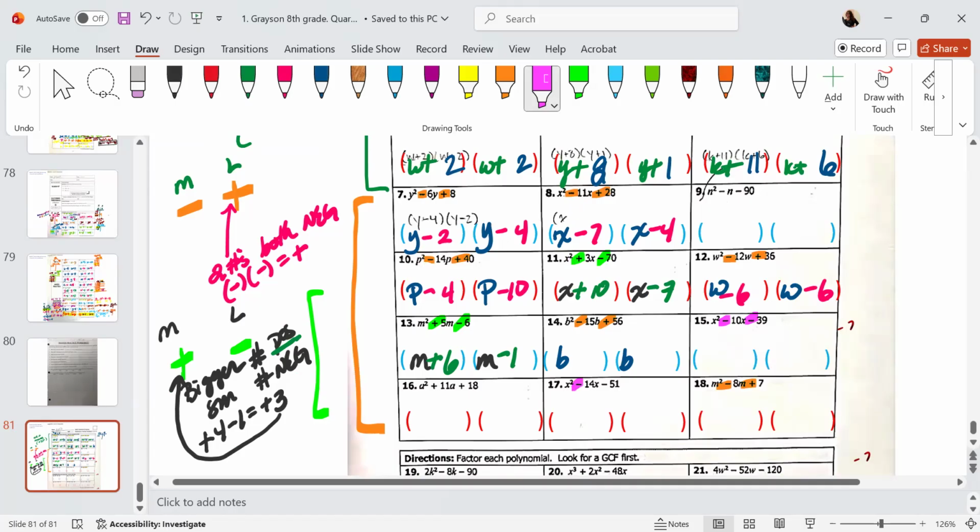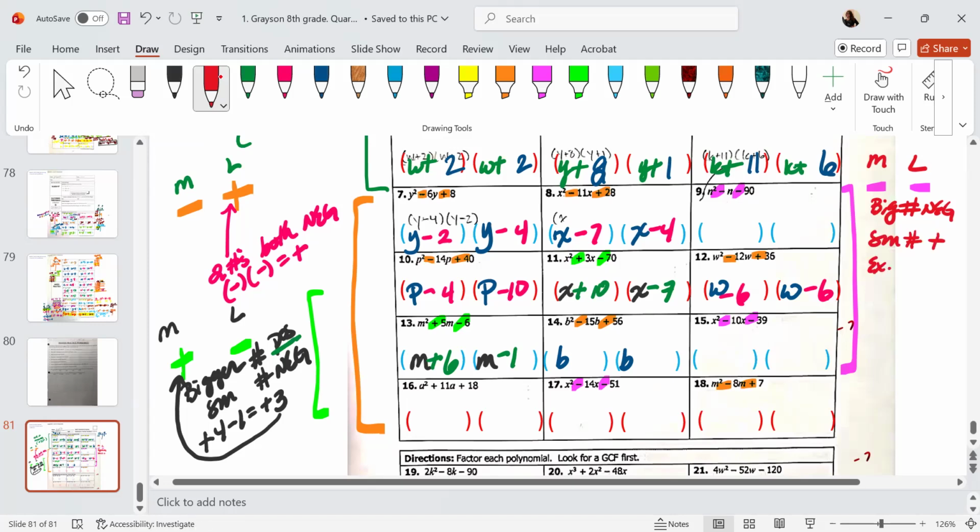Minus, minus, minus, minus. Do you see that? For the minus, minus ones, if you have a minus and a minus, this is your middle number, this is your last number, right? This one means that the bigger number has to be negative, and the smaller number is positive. For example, if I have negative 4 plus 2, do you see how my answer is a negative 2?